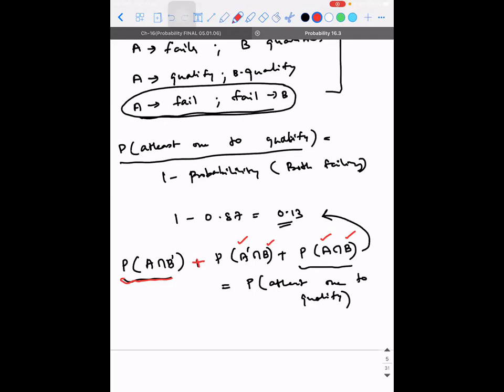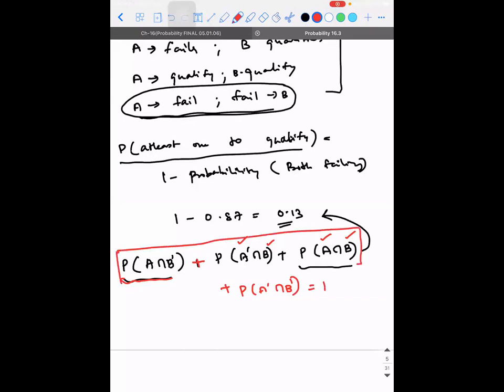Okay. So to clear your doubt, I'll add one more thing: plus probability of A dash intersection B dash. What is the meaning of this? That is the probability of both getting disqualified. The sum of all these possibilities should be equal to how much? 1. Okay. Now, what did I say?